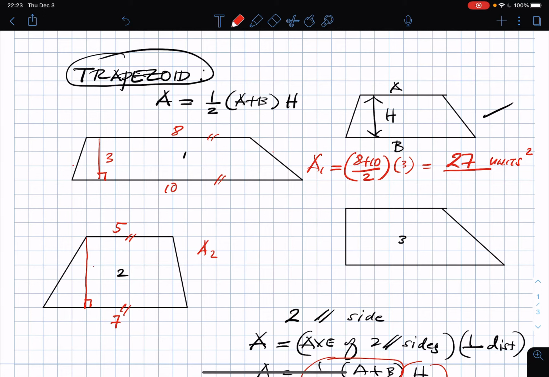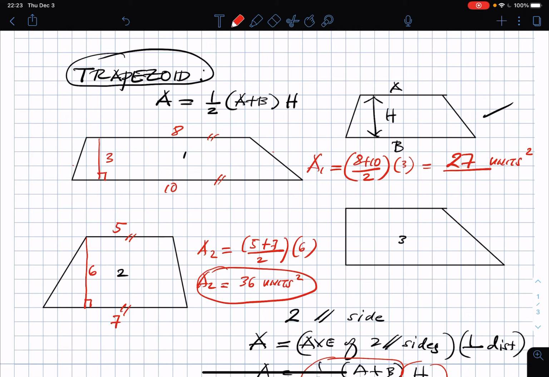If we say this is 6, so the area will be the average of two parallel sides, which is 5 plus 7, you divide by 2, taking their average, multiplied by 6. So area 2 will be 5 plus 7 is 12. 12 divided by 2 is 6, times 6 is 36 square units. Okay.